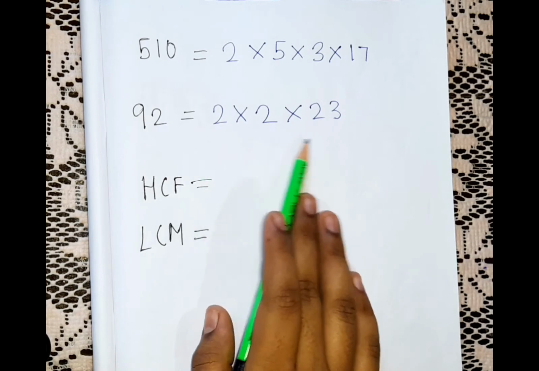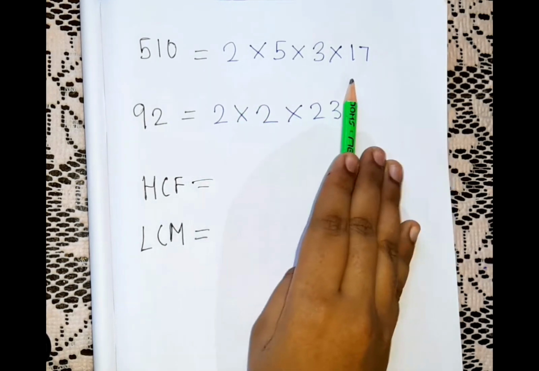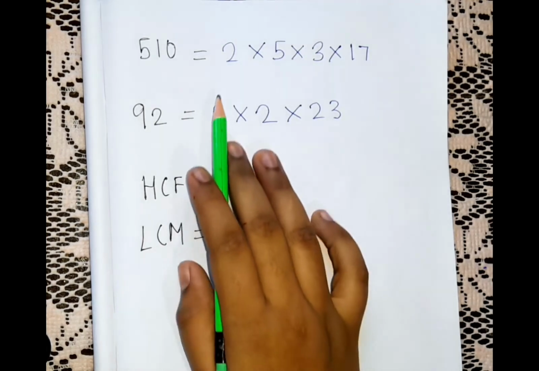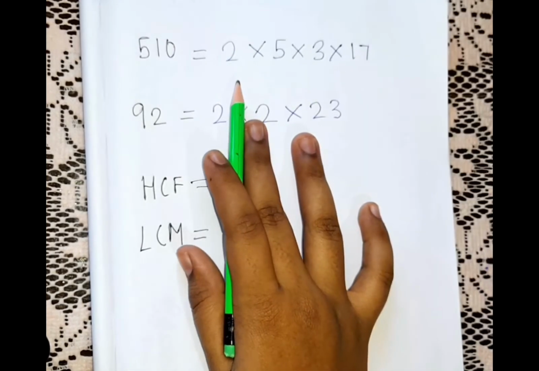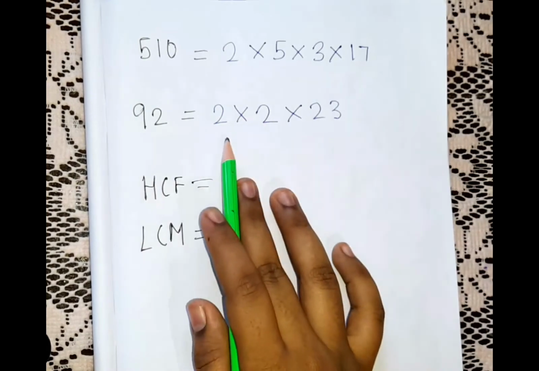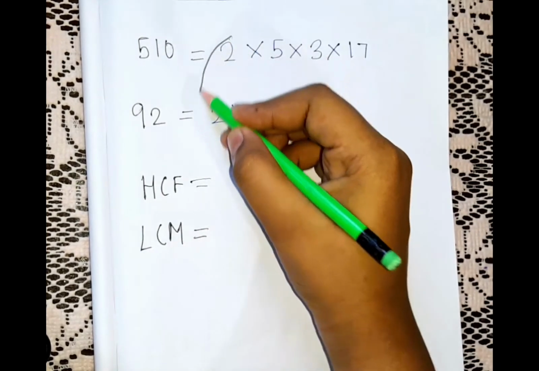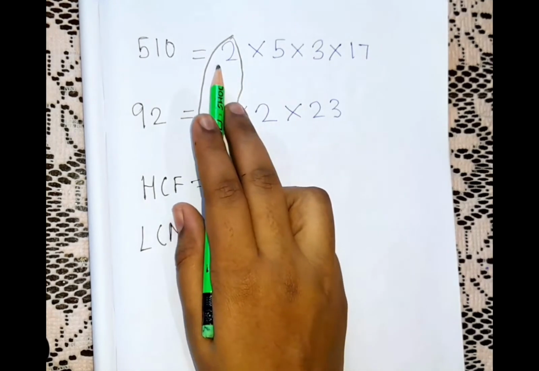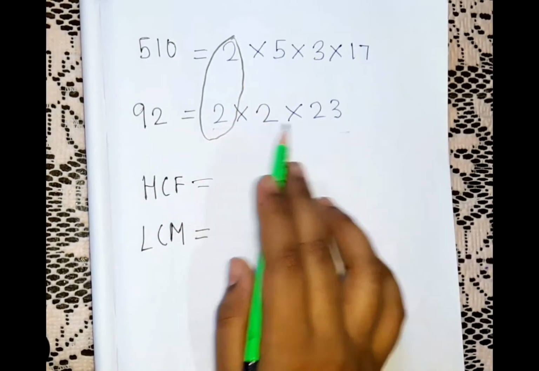So these are the values. In these values and in these values, which is the common value? In this we have 2 and here also we have 2. So we can take 2 as its HCF because here also 2 is common.